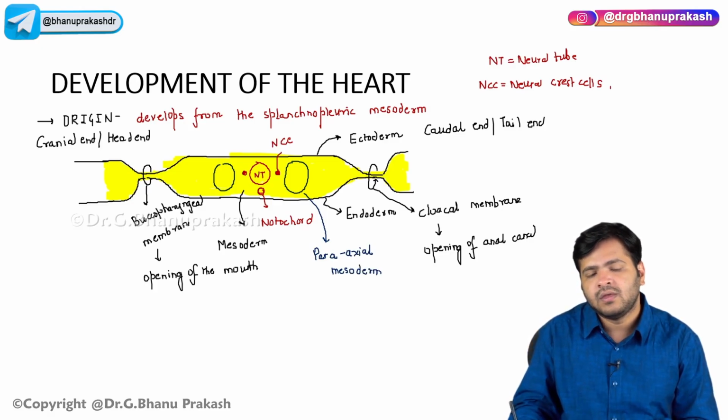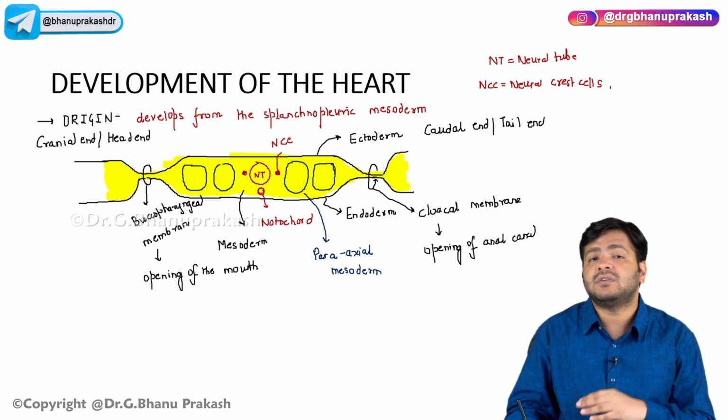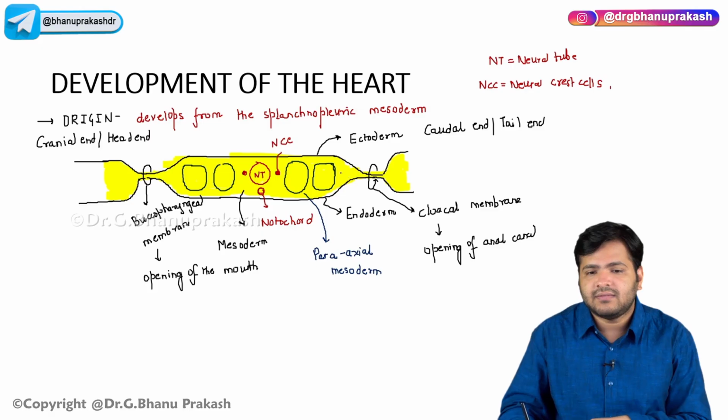Just on the sides we have another mesoderm that leads to the formation of the urogenital system, and this mesoderm is called the intermediate mesoderm.